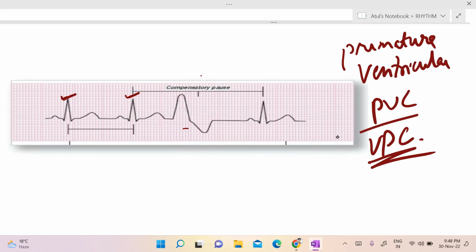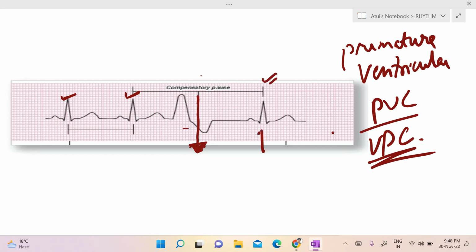Now, one more thing. According to the SA node firing, the normal sinus complex should be here. The normal SA nodal beat should come here, the next SA nodal beat should come here, and the next SA nodal complex is coming here only.